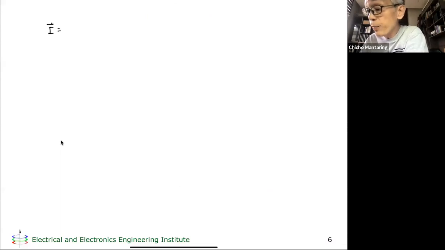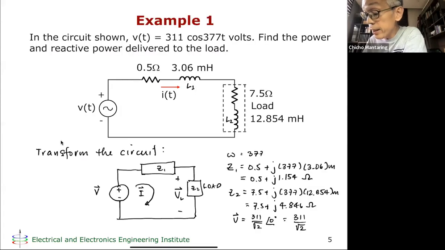I is going to be equal to V over your total Z, so V over Z1 plus Z2. That is the total Z with respect to the terminals of your voltage source.